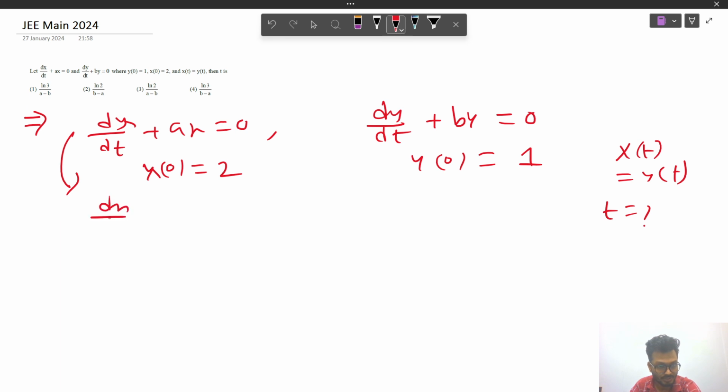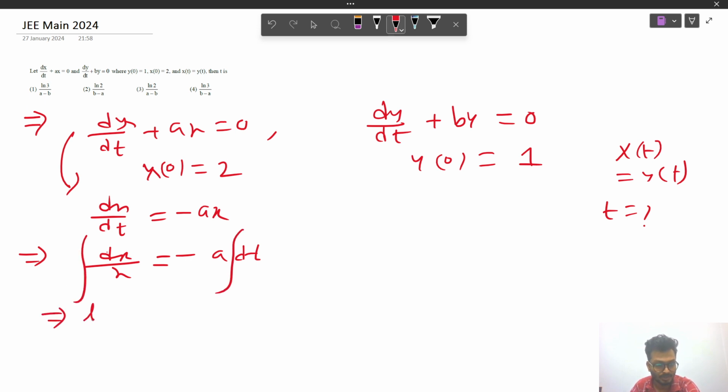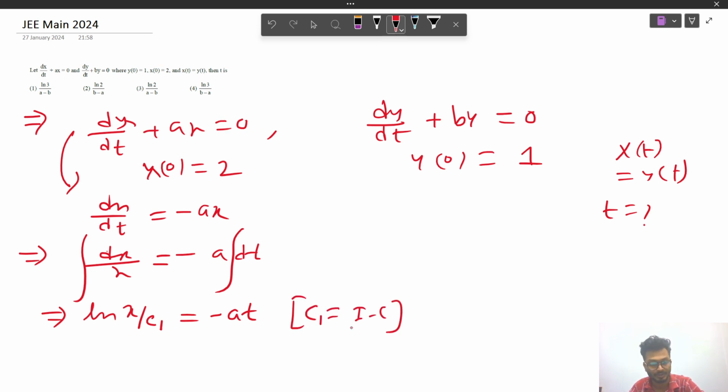So dx/dt equals to minus ax. Now let's separate the variables. dx upon x equals to minus a dt, right? Now if we integrate both sides, what we get is ln x plus a constant c1 equals to minus a t, where c1 is nothing but the integrating constant we take.